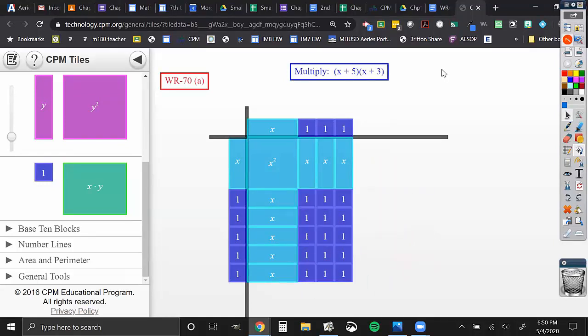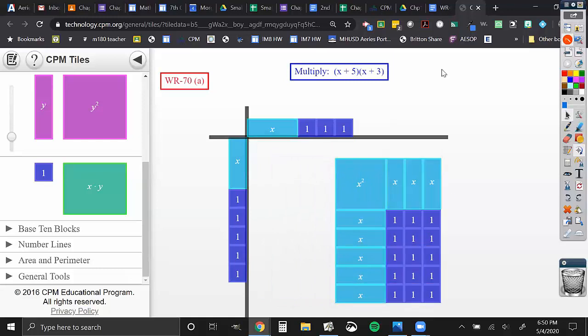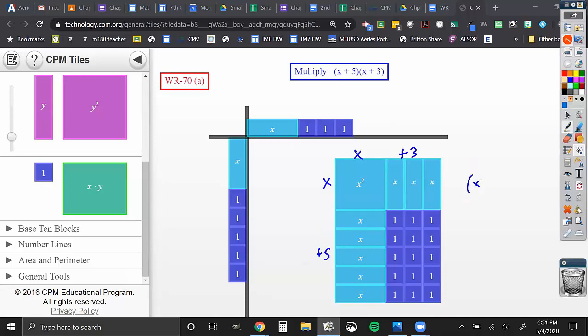All right. Now I'm going to take that piece out so I can look at it. That's what you are going to draw for your work. And on top of this drawing, I want you to put x plus 3 and x plus 5. And then you're going to write the following: x plus 5 times x plus 3 equals.